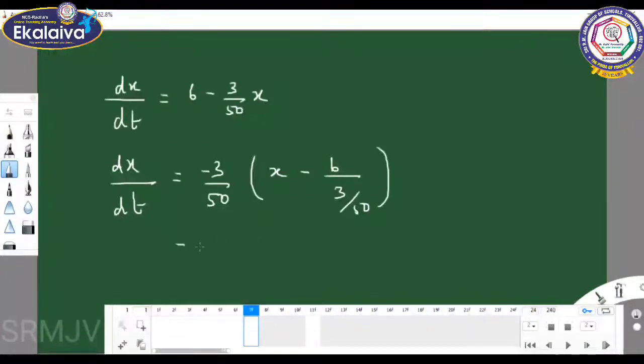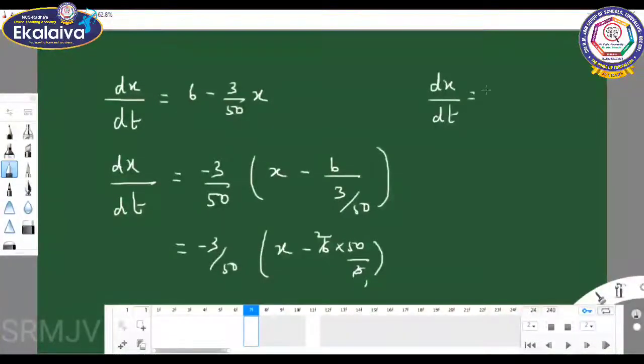So it gives minus 3 by 50 into x minus 6 into 50 by 3. 3 ones are 3, 3 twos are 6. So dx by dt equal to minus 3 by 50 into x minus 100.